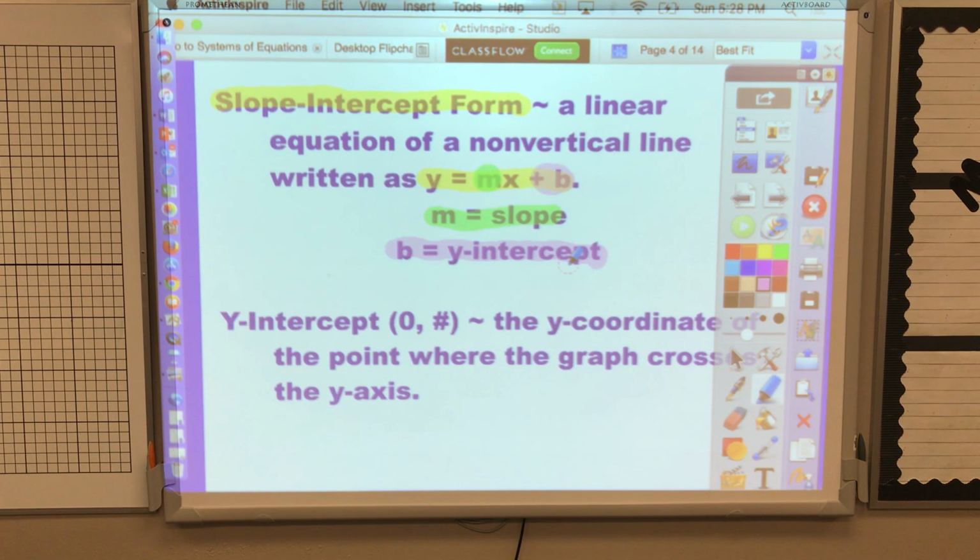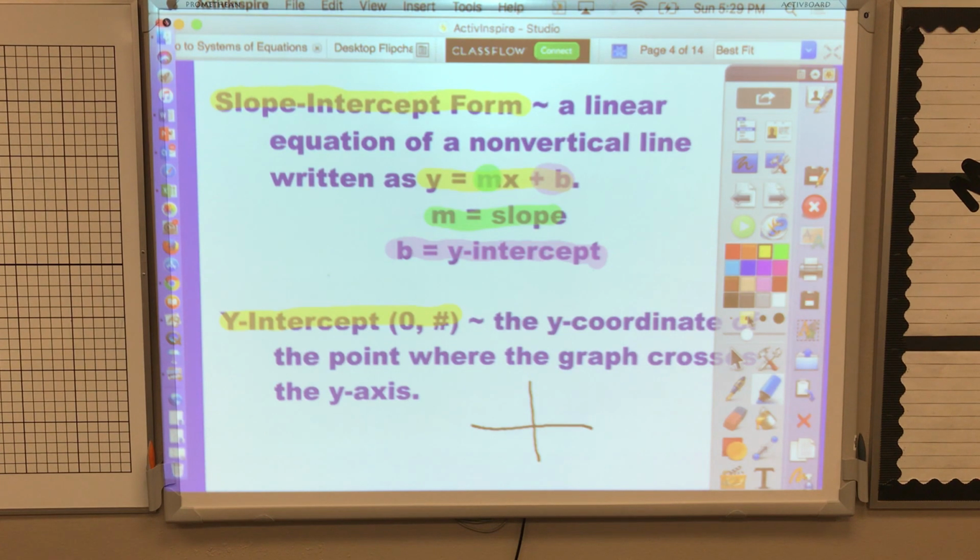So y-intercept, the next vocabulary word. In an ordered pair, what it looks like is 0 and a number. When your ordered pair is 0, something, if you think about the coordinate plane, the 0 for x is on your y-axis.